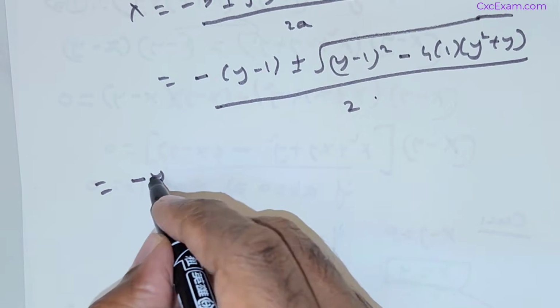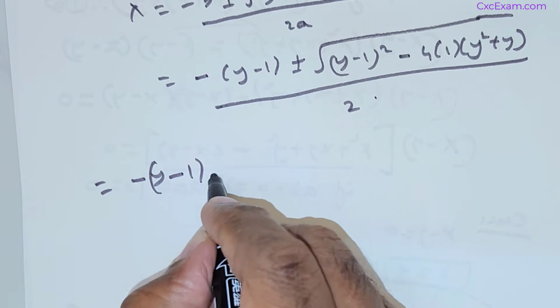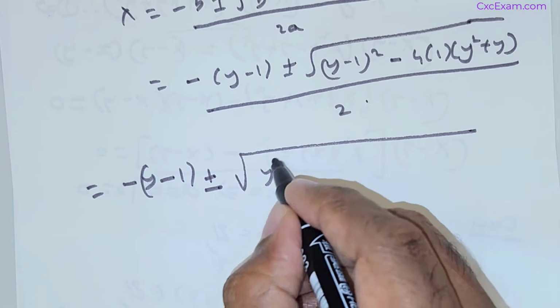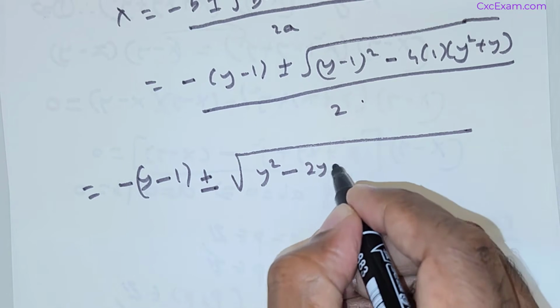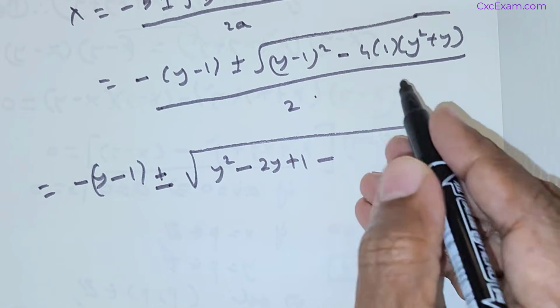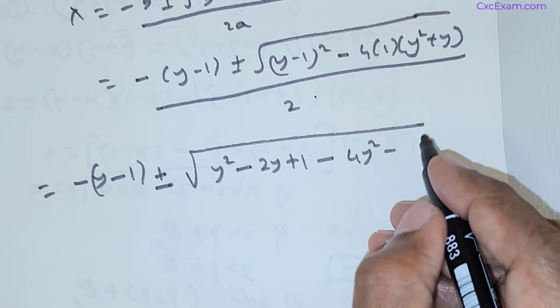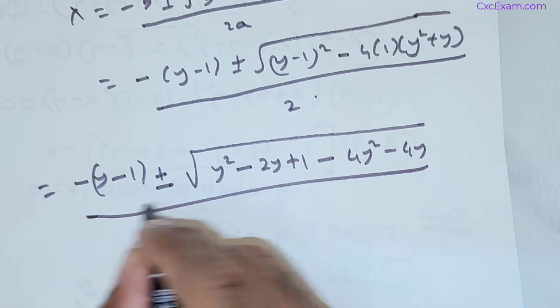So this is minus (y minus 1) plus or minus root of, you expand this, you get y squared minus 2y plus 1, and minus 4 times y squared and minus 4 times y, divided by 2.